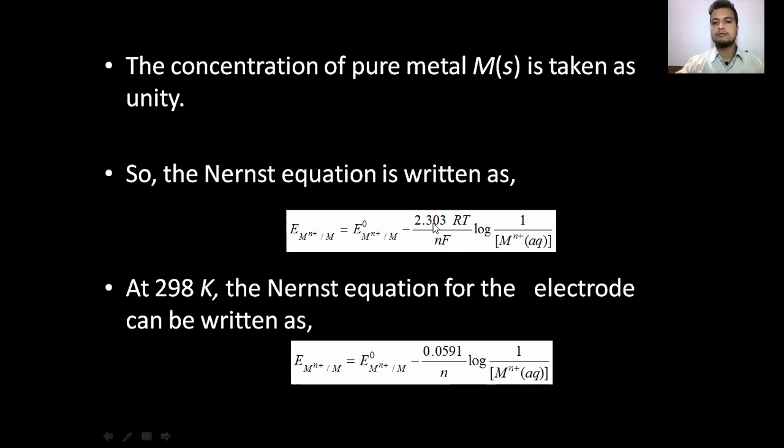So we know 2.303, we know R as 8.314, the temperature is 298 Kelvin, and F is 96,500.